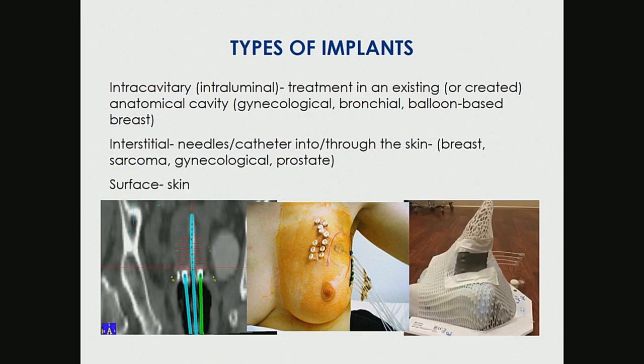And then there's surface brachytherapy, that's skin, and there's a mold construction workshop. And then on the right, we had to treat the sole of a patient's foot. We used an Aquaplast head mask to make the immobilization device and guide our catheter placement to treat along the surface of the foot.